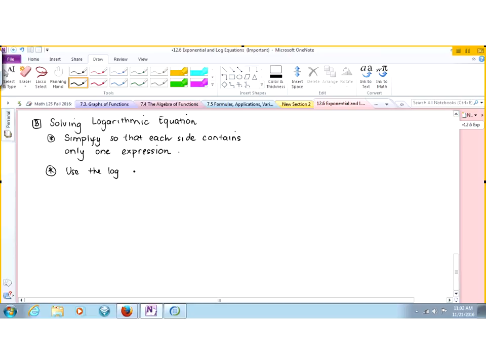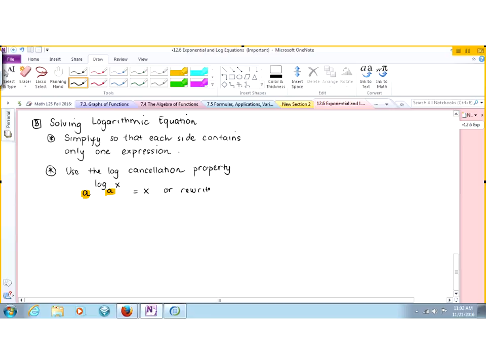So there are two ways. Either we use the log cancellation property. Which cancellation property? A raised to the log base A of x is equal to x. So look at this. The base of log and the base of exponent must match.